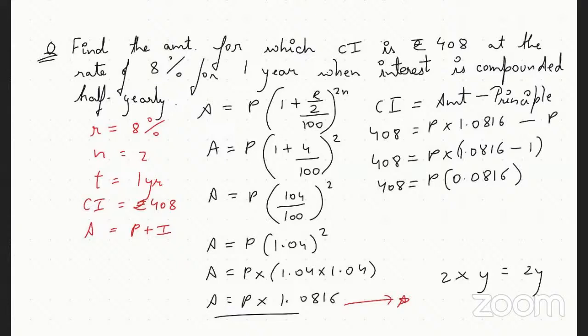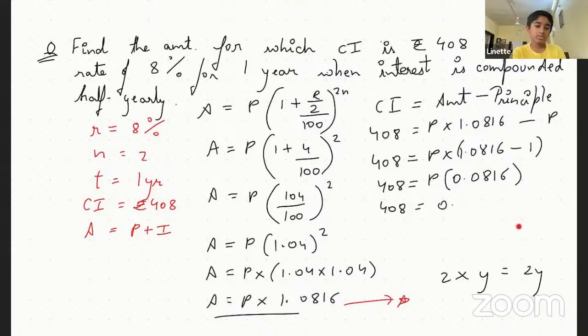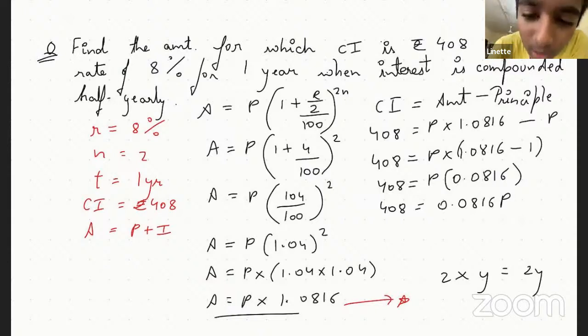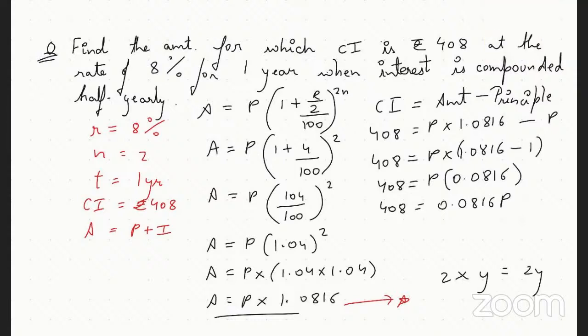Ma'am, I have a question. Abraham, yes, please ask. This P multiplied by 1.081, ma'am, how did you get 408?